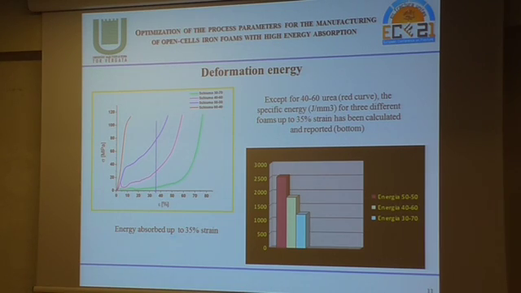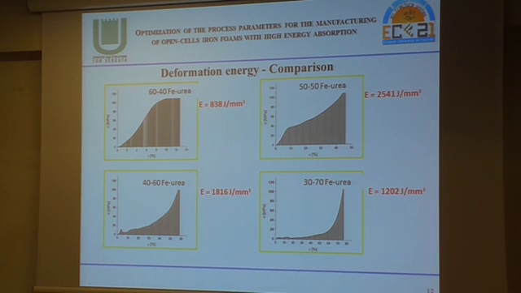The 50-50 shows the optimal compression energy, 40-60 and 30-70 lower values. This is a comparison: the 60-40 iron-urea, the highest absolute value obtained for 50-50 iron-urea, the intermediate 60-40 and 30-70 the last one.